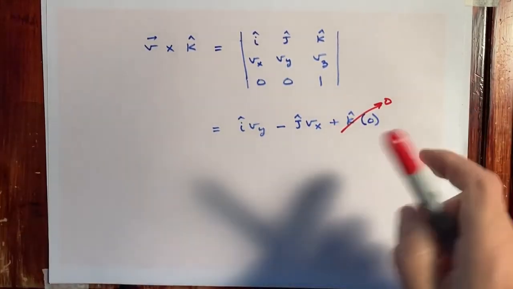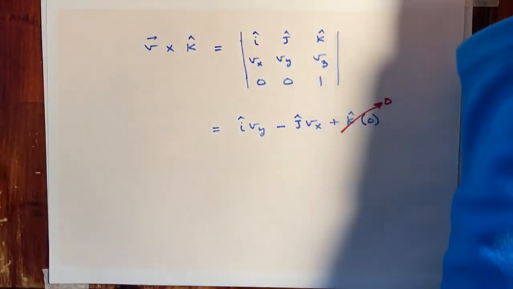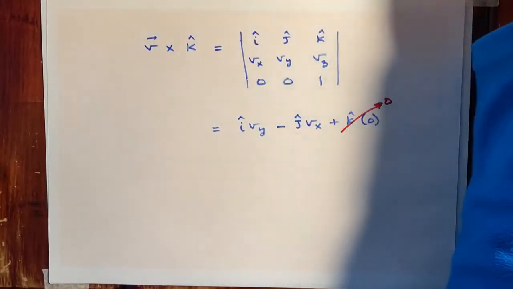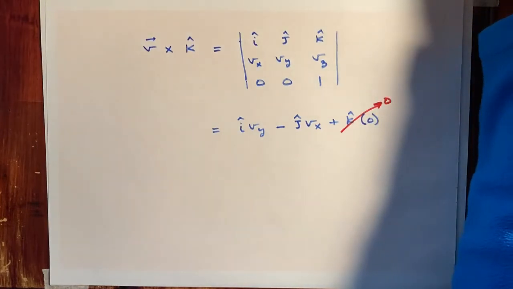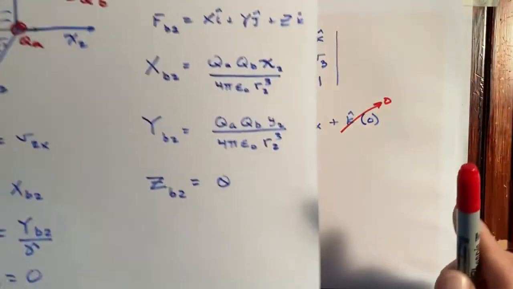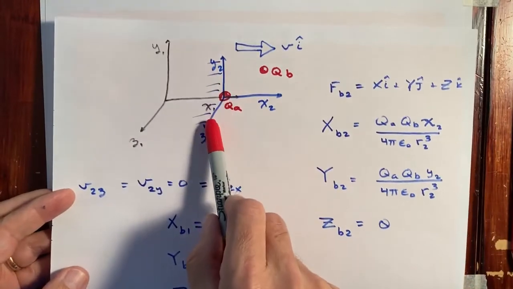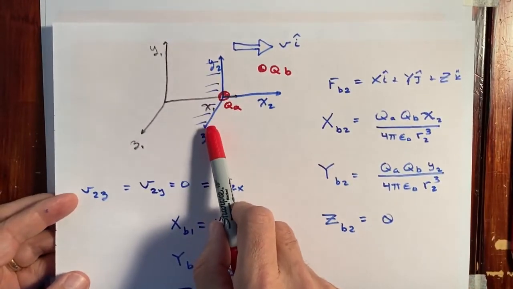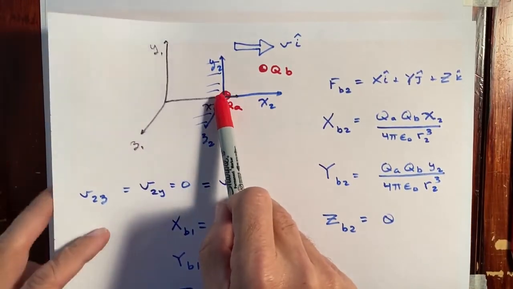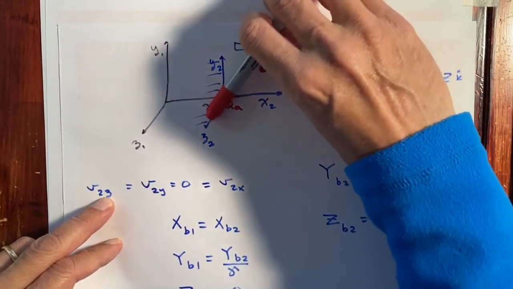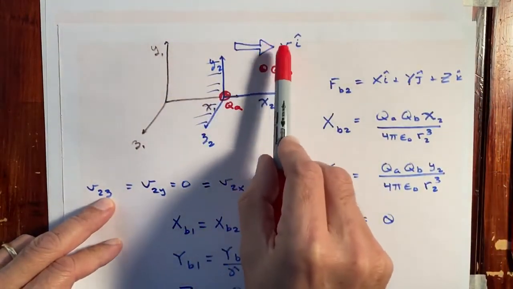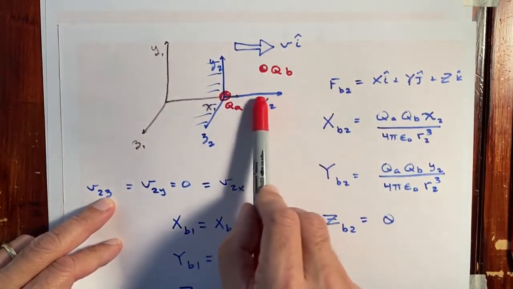And let me make an argument that v sub y is also 0. Because if you remember, what we showed at the very beginning was that our frame of reference was this, our x sub 2 frame of reference. So what we're seeing is that there's no velocity in the y direction, there's no velocity in the z direction, but there is a velocity v in the x direction.